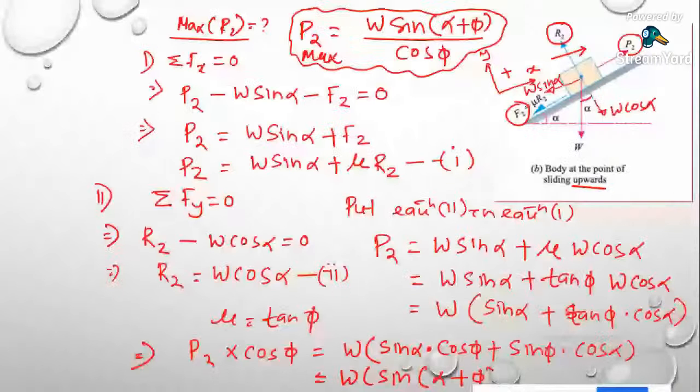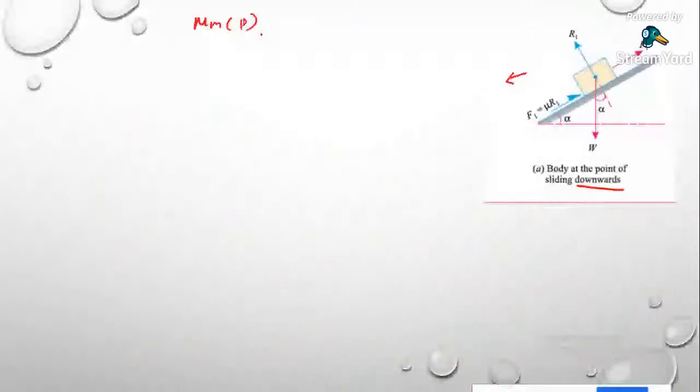Earlier we found the maximum value, P2 max. Now this is P minimum. Okay, P1 minimum. Same, you can take this as resolution. This is W cos alpha, and just the friction changes the sign, otherwise the whole thing is the same.